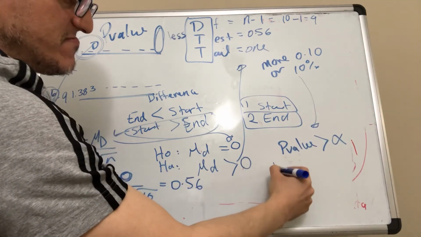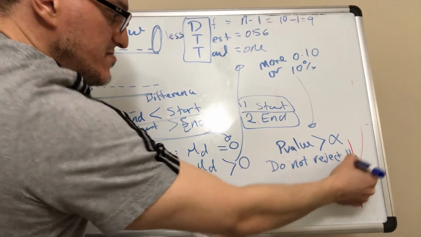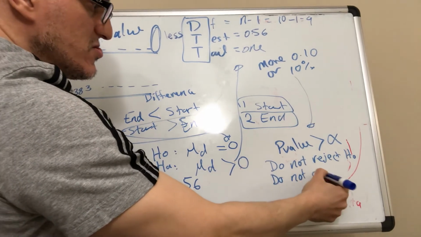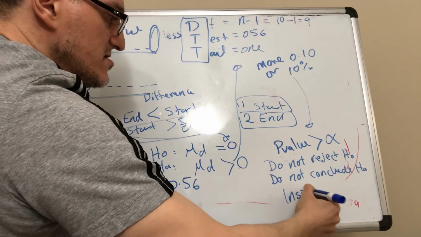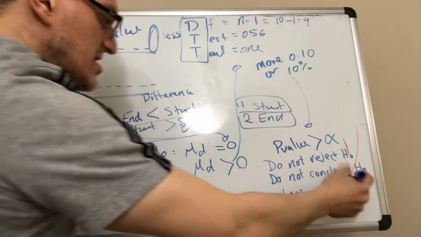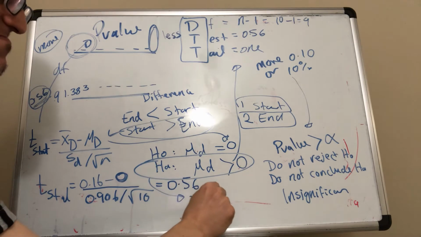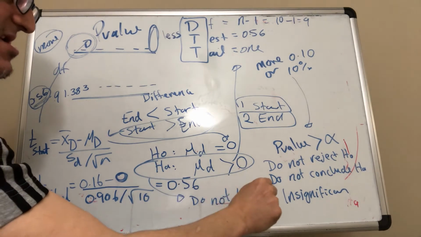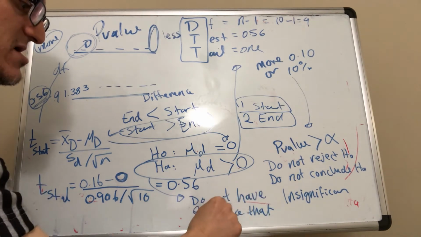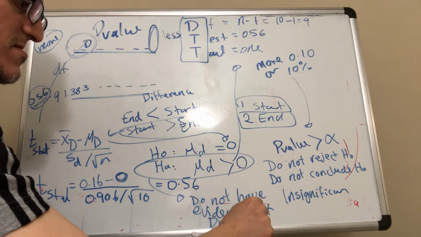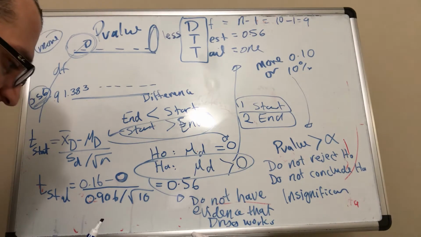P-value more than alpha, you're not rejecting H0, you're not concluding HA, results are insignificant. Meaning we do not have evidence that this drug actually works. No evidence of this.